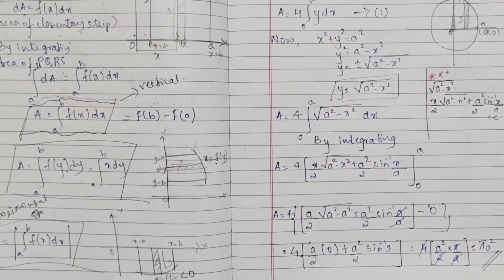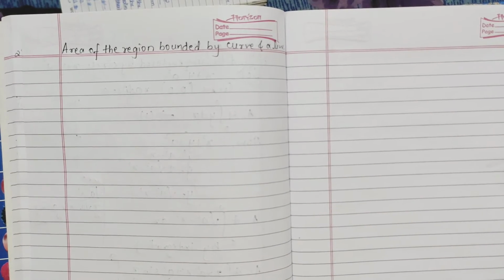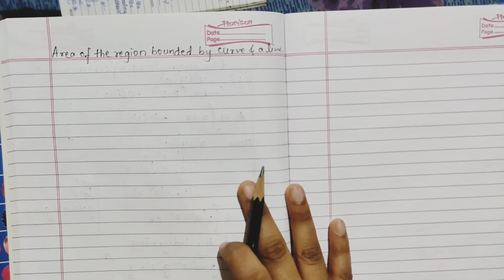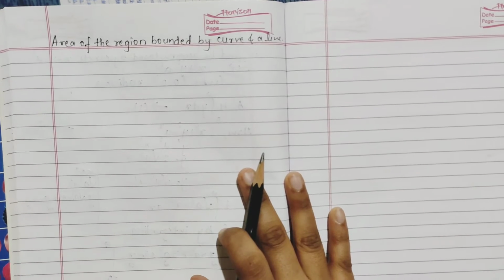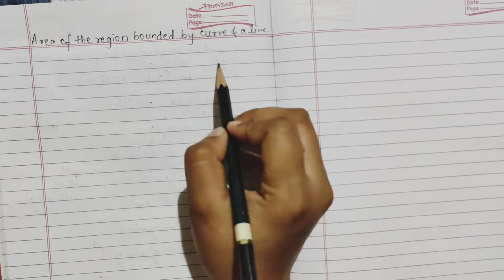Now we will proceed to some other part. The next part is the area of the region bounded by a curve and a line. Now you have done the area under a curve, right?